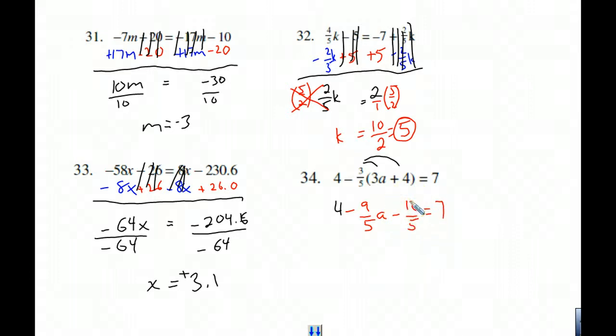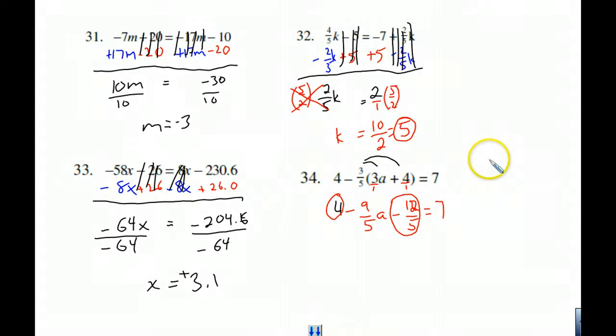So notice how I just multiplied by the top number. If you need to, you can say this is 3/1 and 4/1 to help you out. So on the same side here, we have 4 minus 12/5. So we want to subtract those and find out what that equals. 4 minus 12/5. Go off to the side.